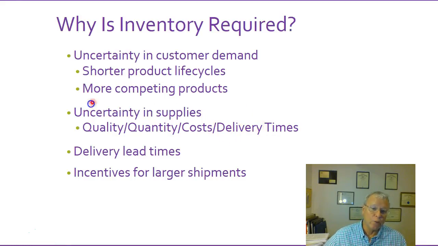We also have risk. We have uncertainty. We don't know in this extended supply chain that we have today, whether it's domestic, international, global, or cross-border, whatever it is. We have uncertainty in quality, quantity, cost, and delivery times, and it's paramount that you factor this risk into your inventory management strategy, which we cover next week.